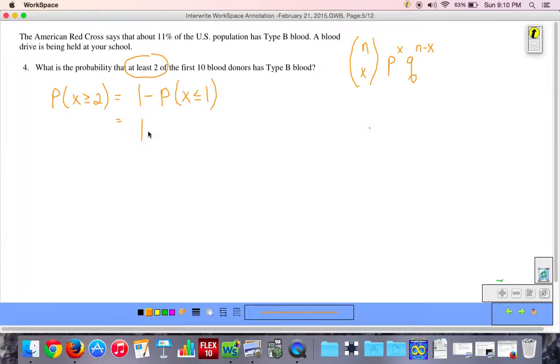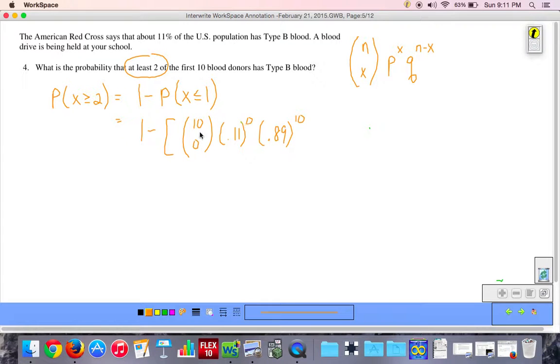So this is 1 minus, well, we have the probability of less than or equal to 1. So first let's talk about the probability of none of the people being type B donors. So this would be 10 choose 0 times 0.11 to the 0 power times 0.89 to the 10th power.